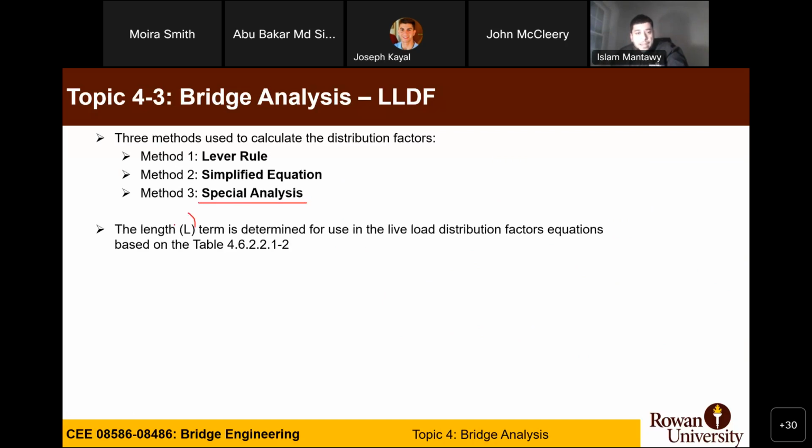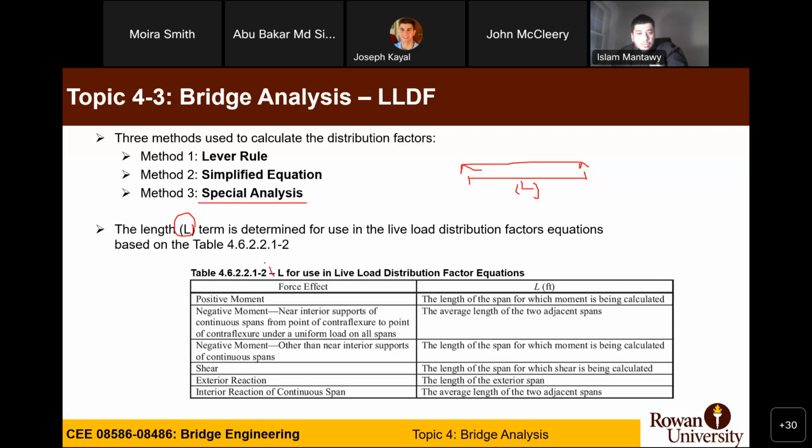The span L, if you have a simply supported beam, is just going to be the span L. But the code also has a table to identify the span for you. For example, if you have positive moment, let's say you have a 2-span bridge. Your moment looks like that.